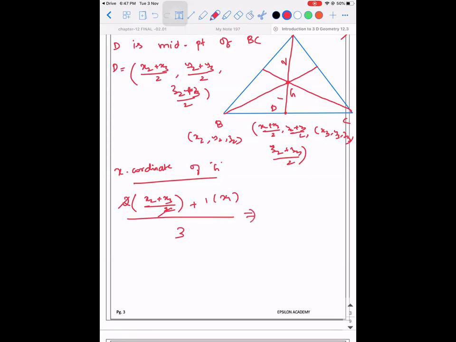So this is going to give us x1 plus x2 plus x3 by 3. You know this formula, right? Last year you would have learned the centroid is x1 plus x2 plus x3 by 3, y1 plus y2 plus y3 by 3, and z1 plus z2 plus z3 by 3. Guys, am I clear? Yes, sir. So the other two coordinates, I hope you can find out.